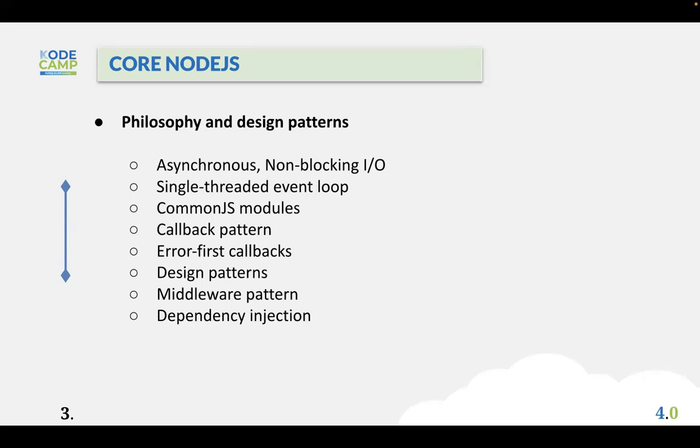Then, when you initiate an asynchronous operation, it provides a callback function associated with that asynchronous operation. So you pass a callback function as an argument to the function that initiates the asynchronous operation. This callback function contains the code that should be executed when the operation finishes. And we'll get to that in a bit.